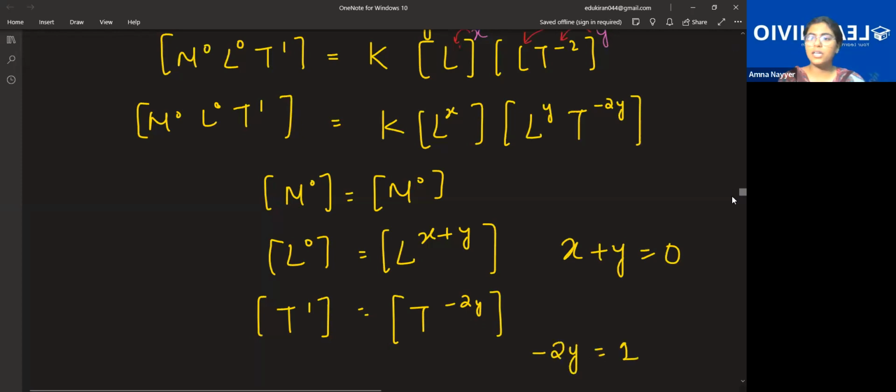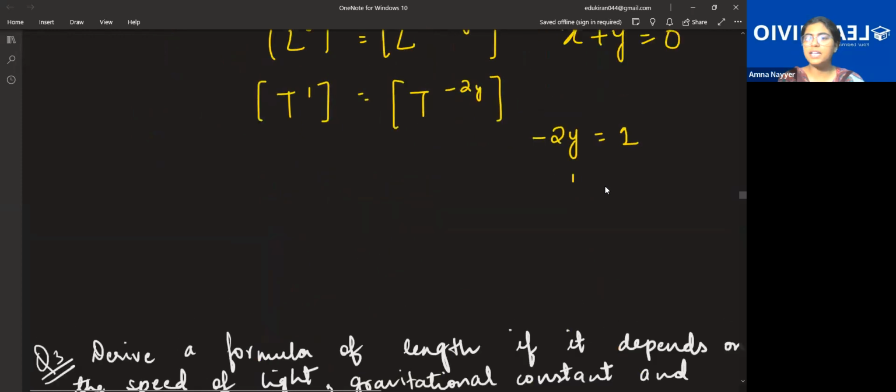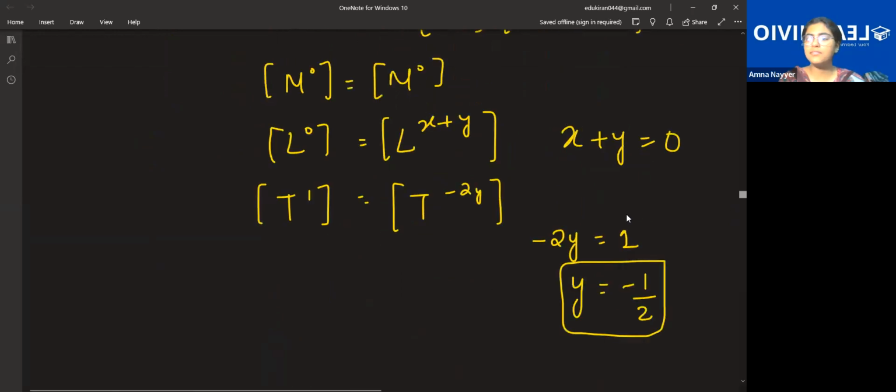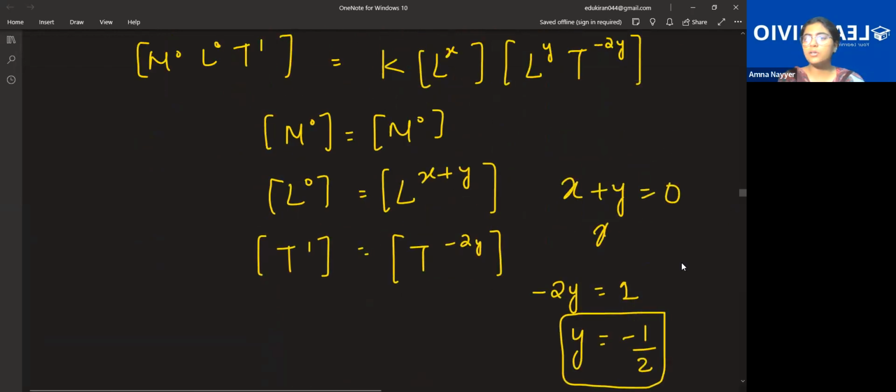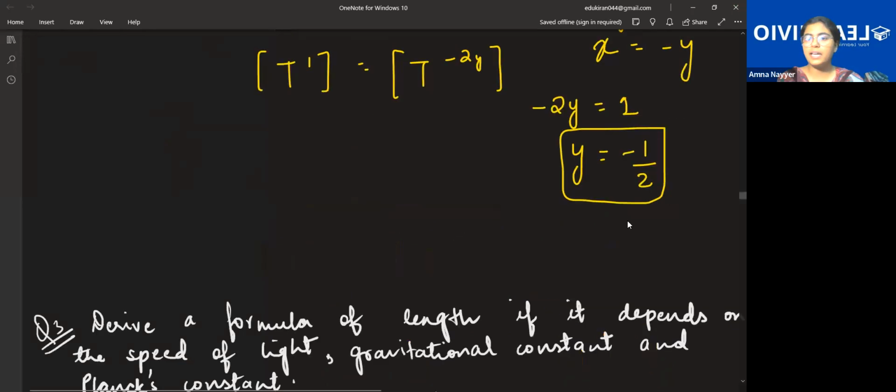So what is y equal to? y is equal to minus half. If y is equal to minus half, see, x is equal to minus y from the equation that we obtained through length. So minus half means plus half. And x will be equal to plus half.